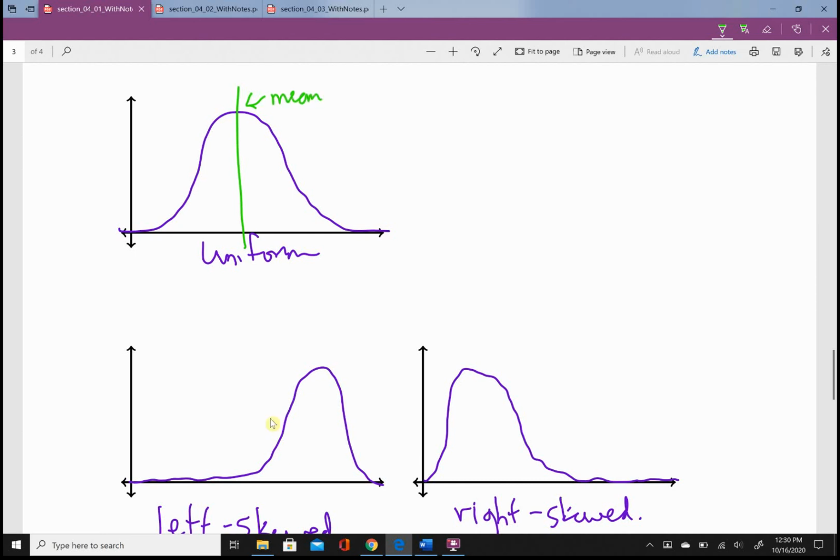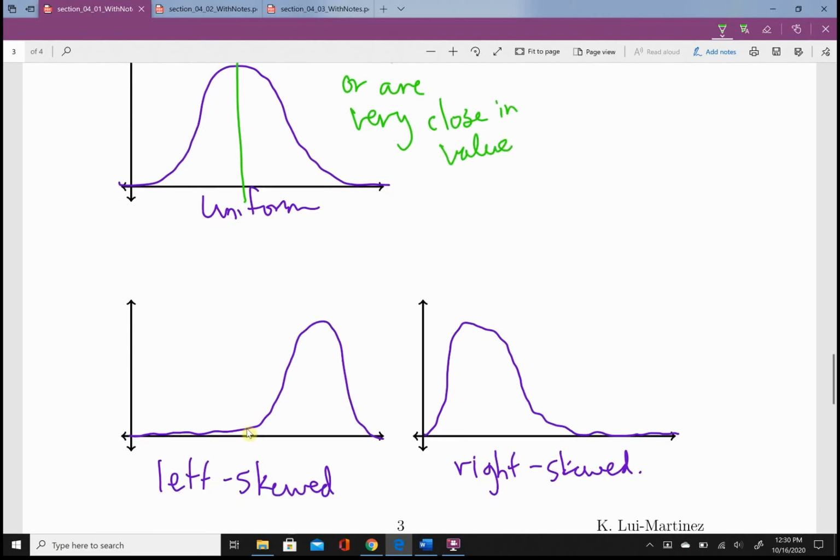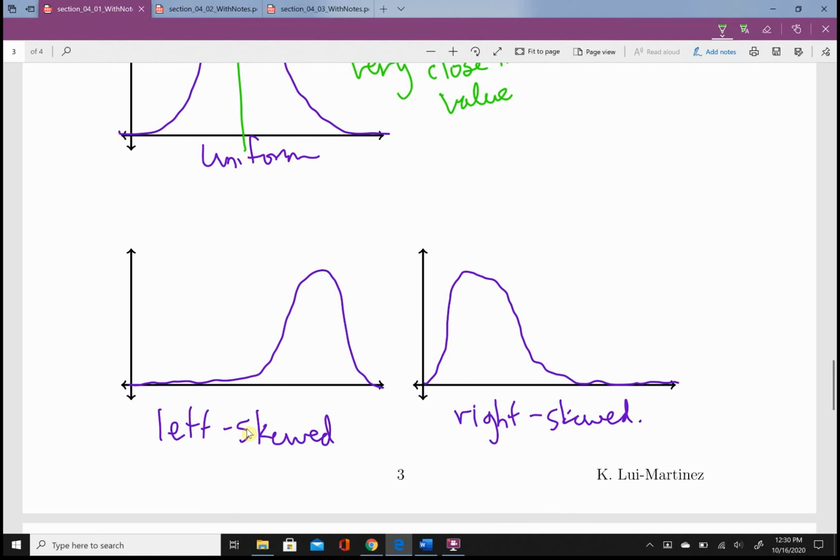Mean is equal to median, or are very close in value. Whereas in a left skewed situation, the mean will be less than the median. So I'll say mean is less than median.